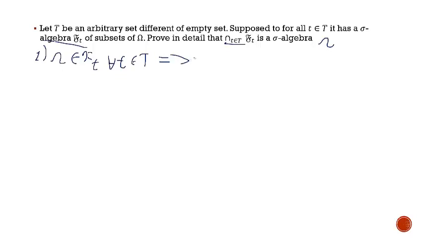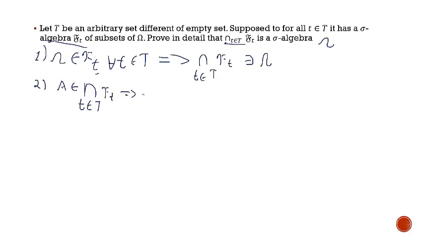Then the intersection over t in T of F_t has omega. Number 2. A is an element of the intersection.